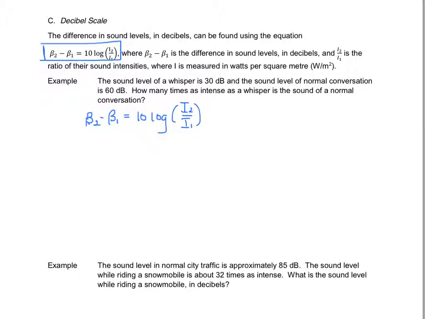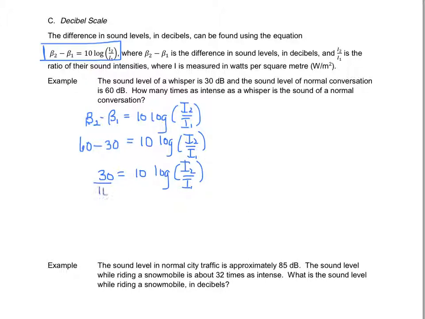Then we replace our two decibel sound levels with the two in the question. So 60 minus 30, start with the larger one first, equals 10 log I2 over I1. So 30 equals 10 log I2 over I1.